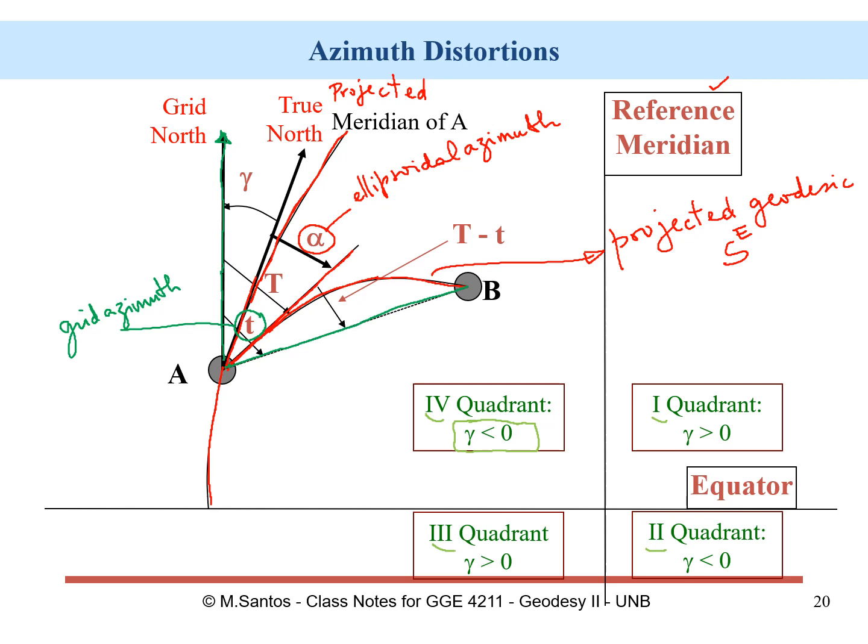So, to establish the relationship between t and alpha, we need a few other terms. One term we need is the meridian convergence. The meridian convergence will tell us how much the direction of the grid north and the true north vary.